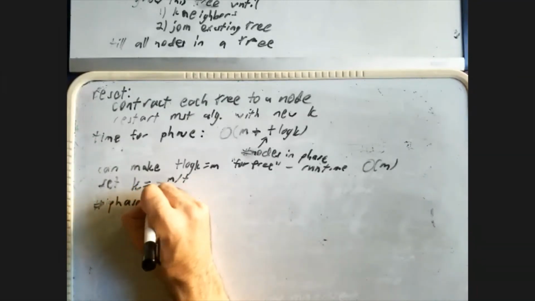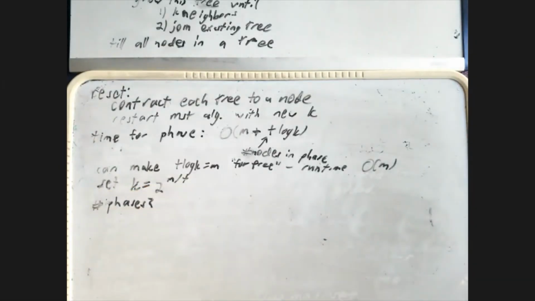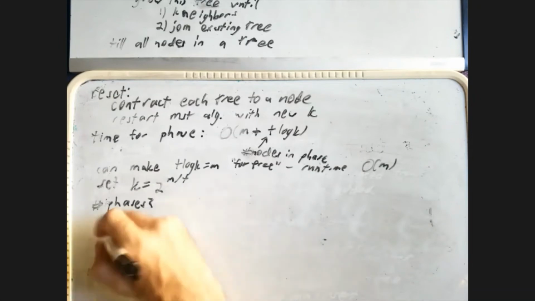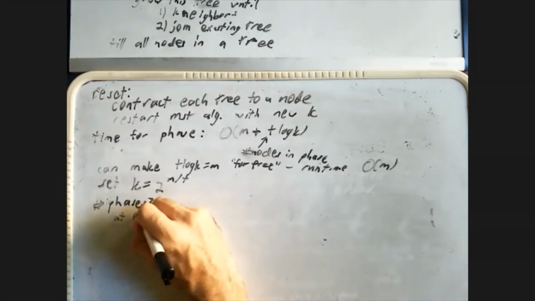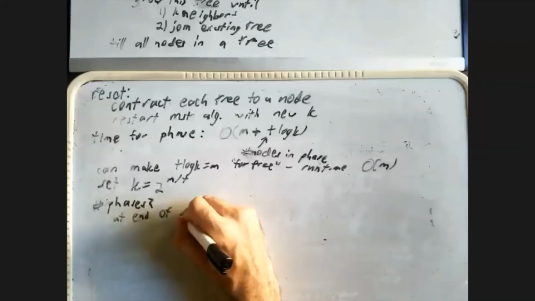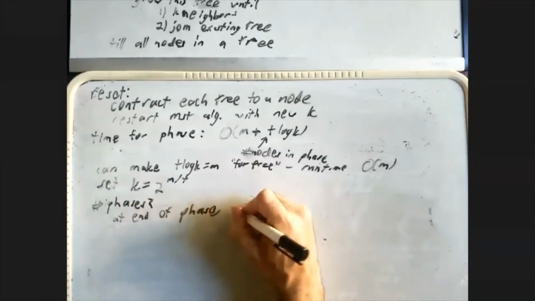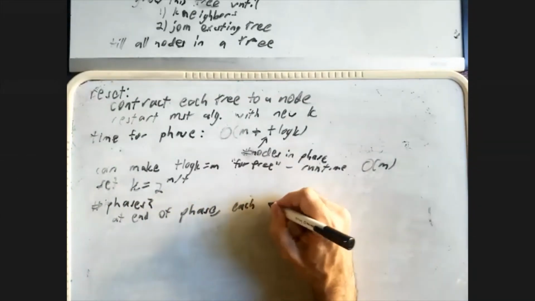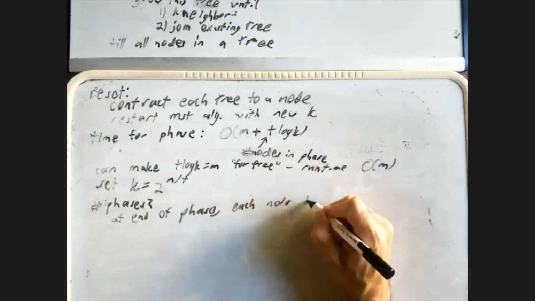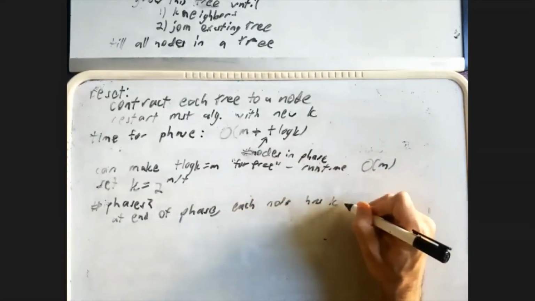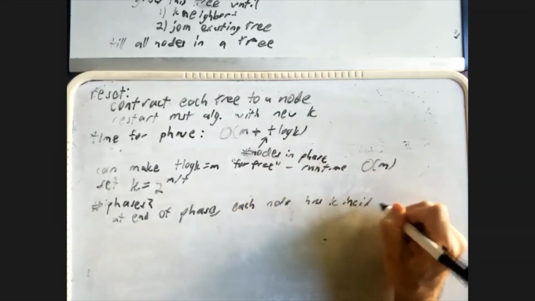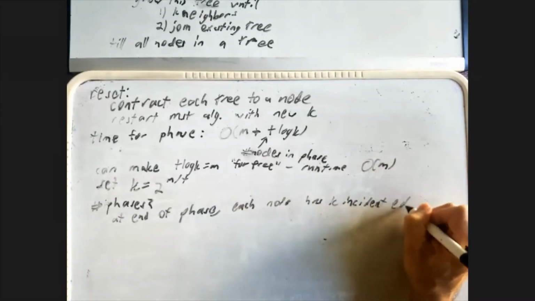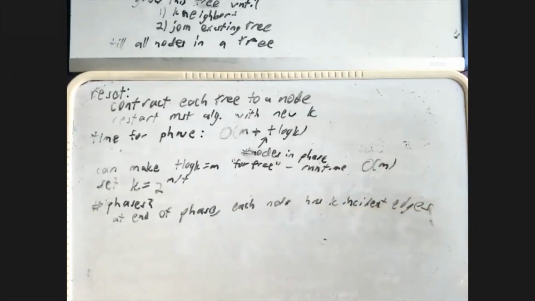The next question is, how many phases am I going to use? Well, notice that at the end of the phase, each node has k incident edges, because it has k neighbors, and there's an edge to each neighbor.